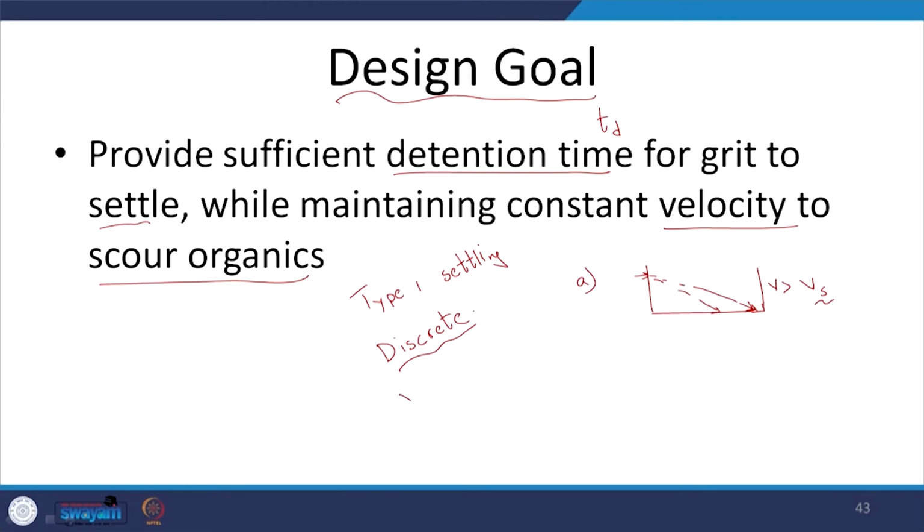But the assumptions are that the velocity is constant in this system, and we assume that it is a plug flow reactor. That is something that we mentioned and discussed earlier, right. So, there are some assumptions that we have to make, at least in this case. Again, type 1 settling, we know the Stokes law, and that will let you get an idea about the settling velocity.